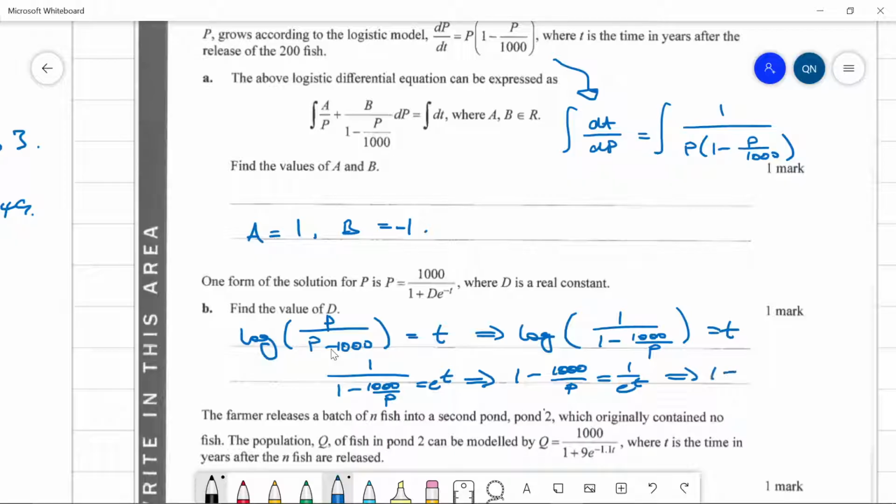So 1 minus e to the minus t is equal to 1,000 divided by p. So finally, p is just equal to 1,000 over 1 minus e to the minus t. That should be it there, I think. So d is 1.